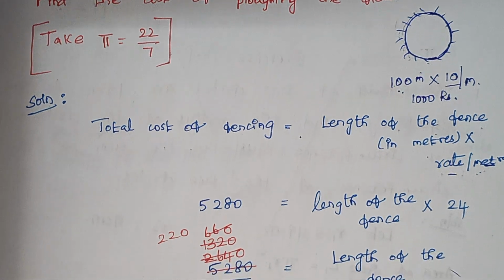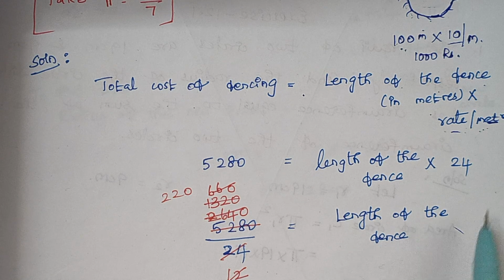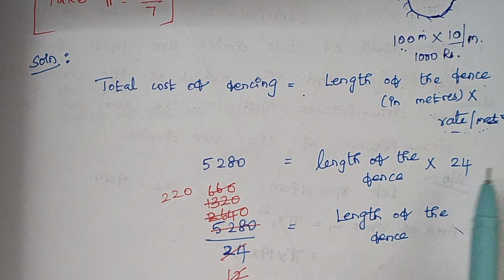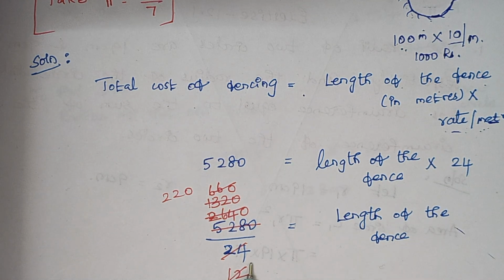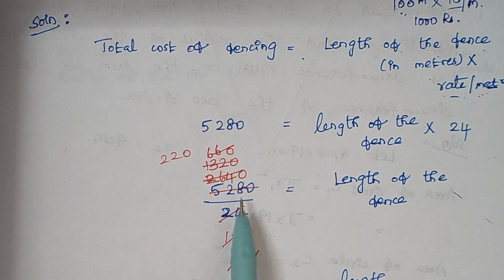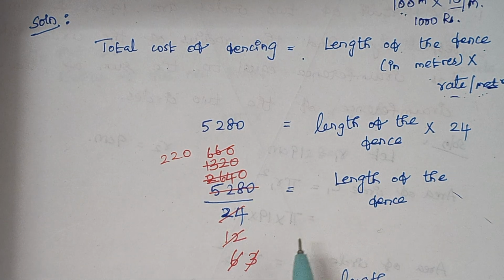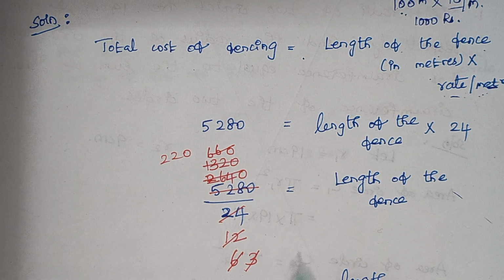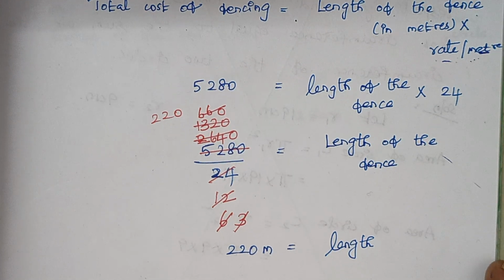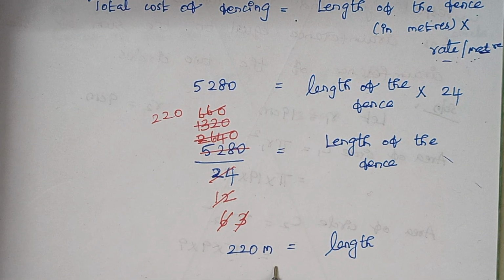To find the length, we move the 24 to the left-hand side, where it occupies the denominator, so 5280 divided by 24. You can solve this using table number 2 or table number 3. Finally, the length is equal to 220 meters.